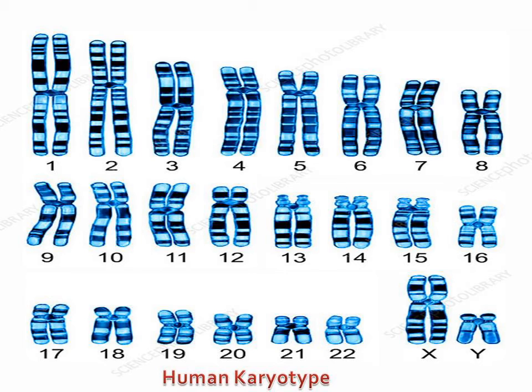It also indicates that there are 22 different types of chromosomes in the human, which are the autosomes, and this is the sex chromosome pair, X and Y. When X and Y chromosomes are present, it is male, and if two X chromosomes are present, no doubt that will be female.